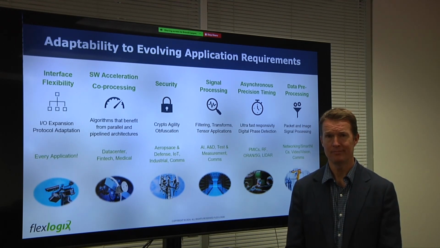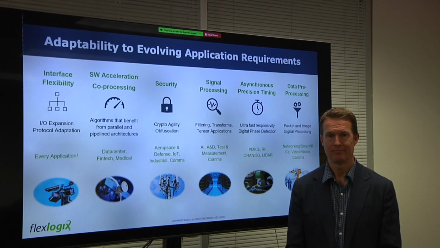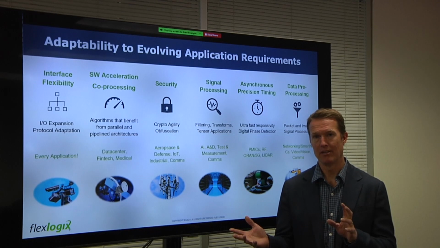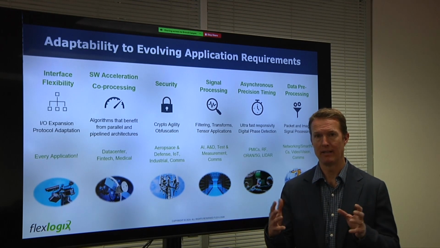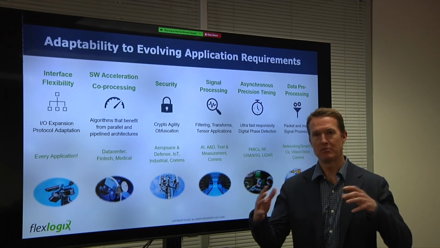Taking your next item here, software acceleration. Most people associate software acceleration with FPGAs. They're very good at that. You're right. Nobody disputes that FPGA technology is great for accelerating software algorithms, especially ones that are pipelined and require parallel processing in nature. What's changing is the economics of scale of FPGAs.